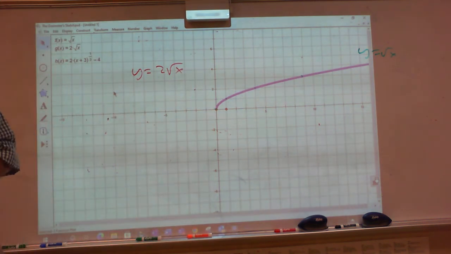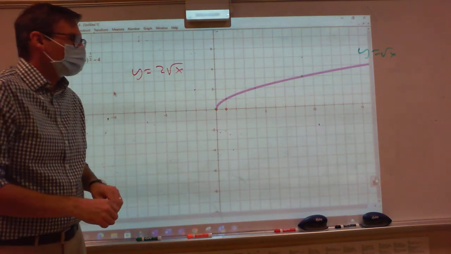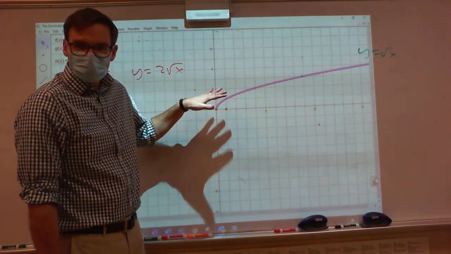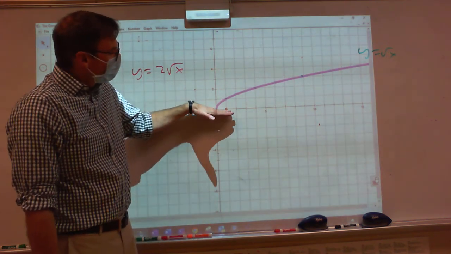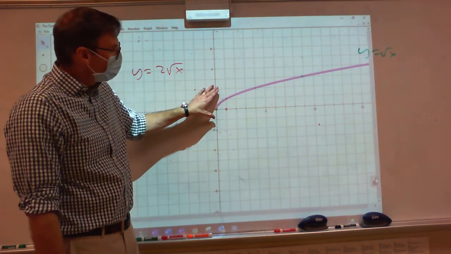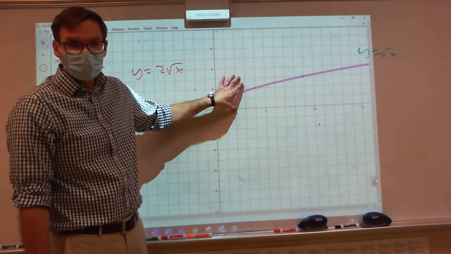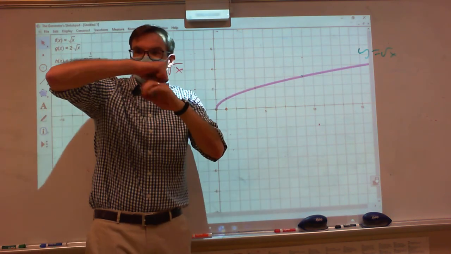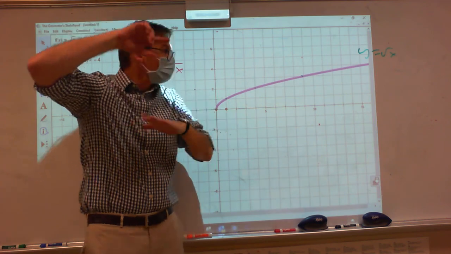What about y equals 2 square root of x? So let's think about what this is going to look like. Here's your graph, and I want you to imagine that this is on a sheet of paper. What we're going to do to that sheet of paper is stretch it twice as tall, because that's a 2.